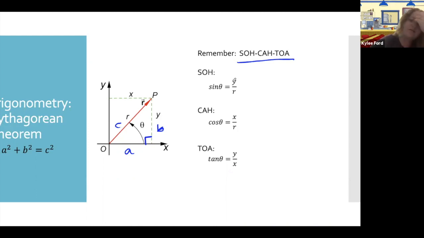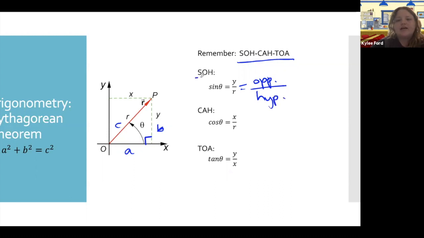these trigonometric identities, okay? We say SOH CAH TOA. So the first one is going to be SOH, and we are going to say that it's sine theta equals our opposite over hypotenuse.